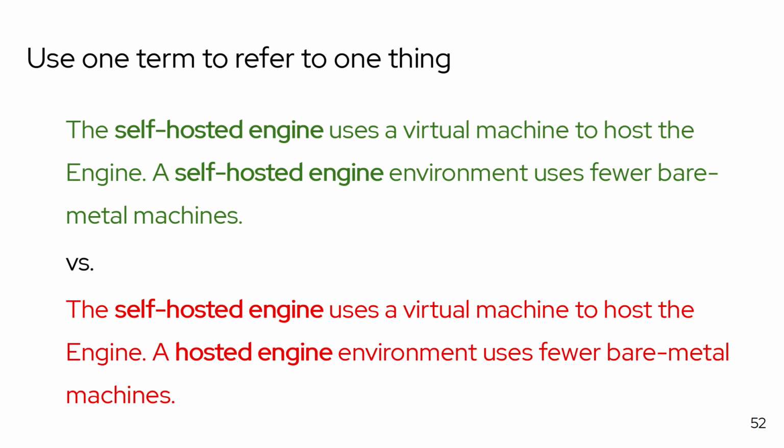So these are examples of using multiple terms to refer to the same thing. And to this day, this information is very confusing to everyone, any writers anyway, that onboard. And I would believe the same is true of any oVirt users that onboard or Rev users that onboard. So try to avoid this kind of confusion in your writing.